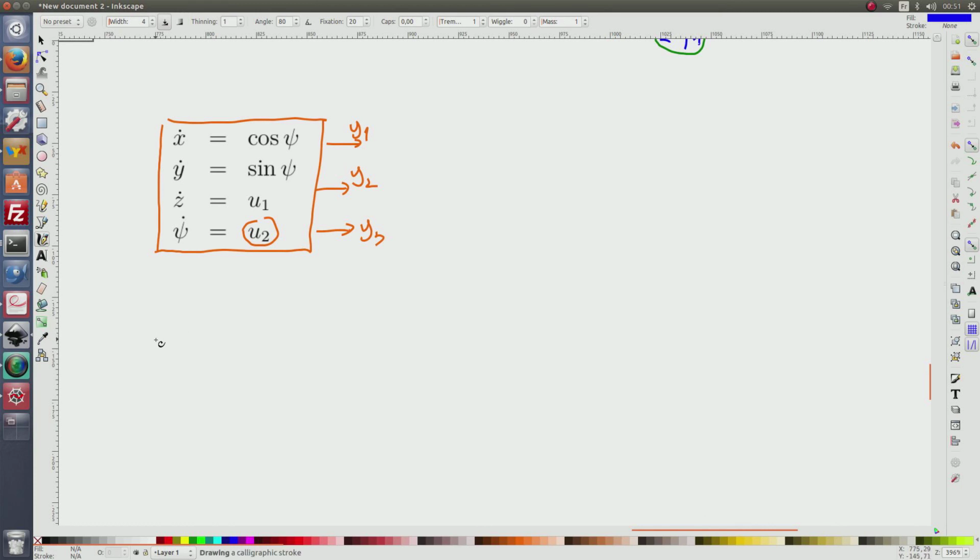So in this case, since I want to have y1, which corresponds to z minus h of x and y, we want the one we want.